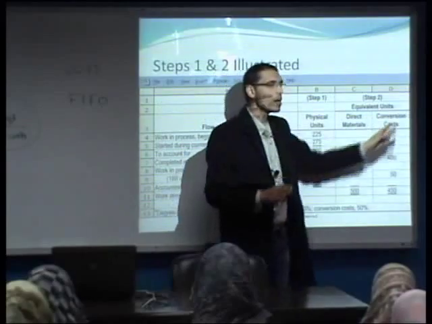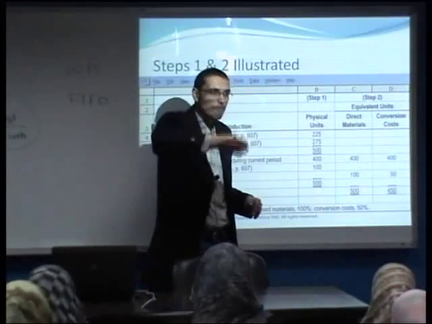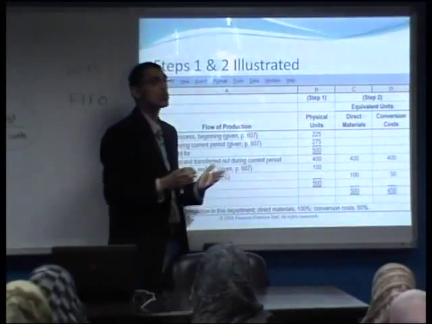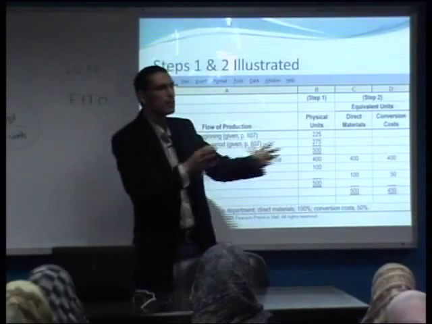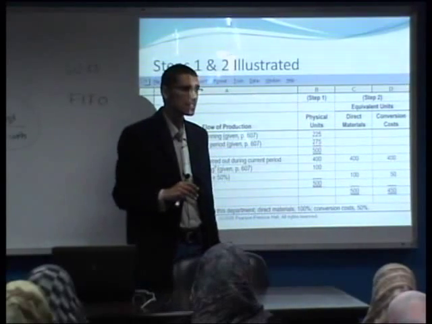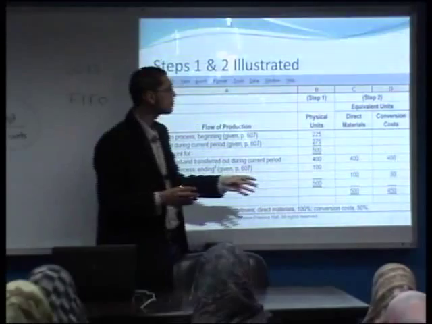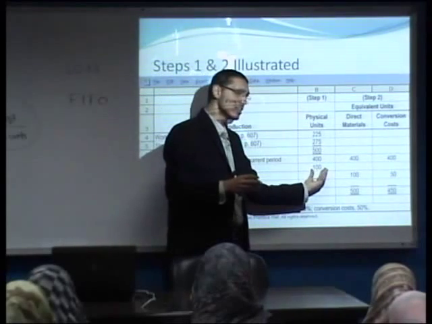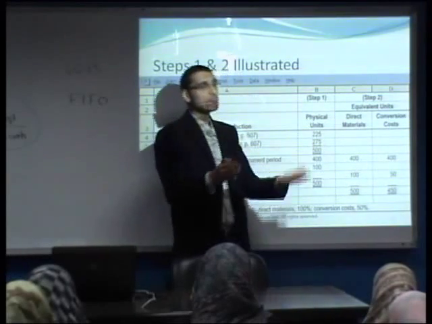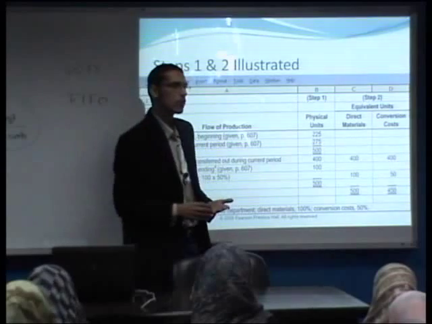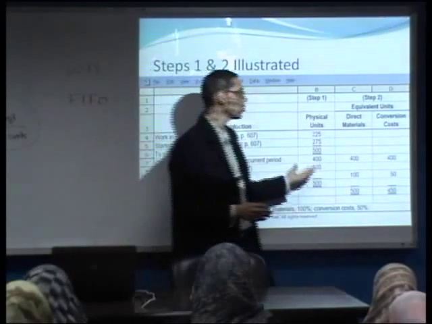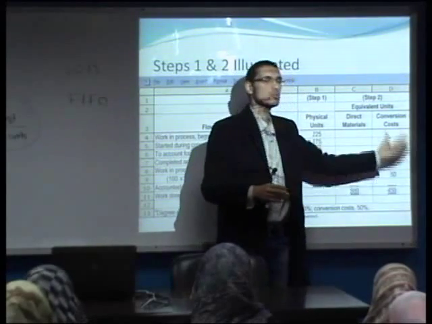While it stopped at the percentage of completion of 50%. And we said that the conversion costs are added evenly onto the production process, correct? Therefore, the 100 units multiplied by 50%, which is the percentage of completion of conversion cost, would equal, of course, 50 units. What do you mean by 50 units?